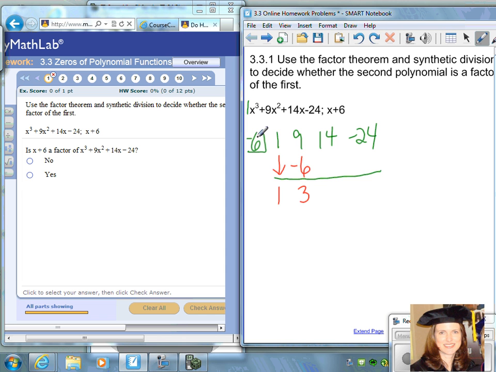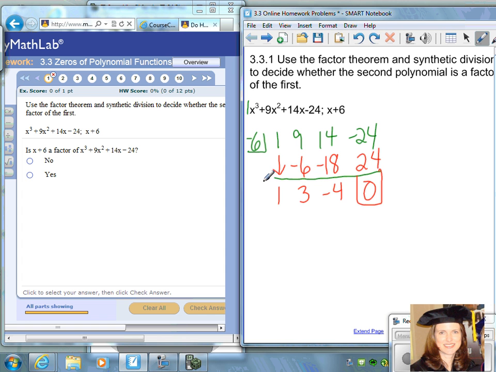3 times a negative 6 is negative 18. Positive 14 and negative 18 give you negative 4. Negative 4 times a negative 6 is a positive 24. A negative 24 and a positive 24 is 0.